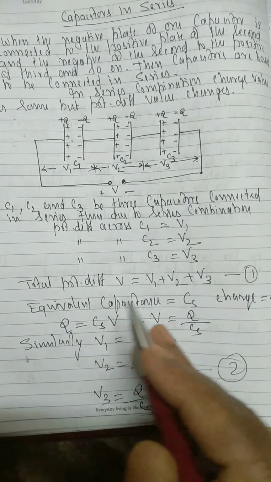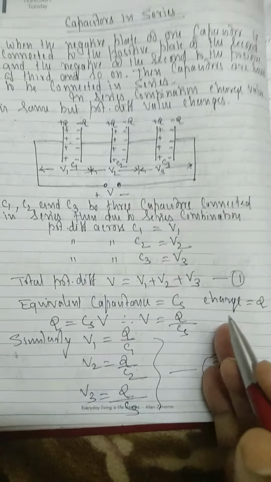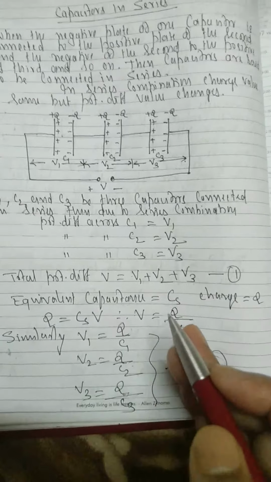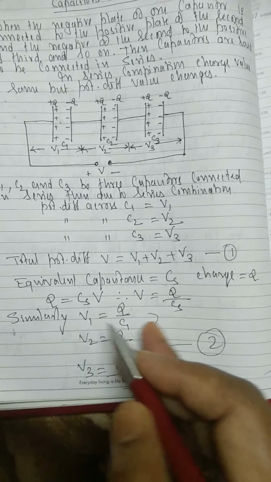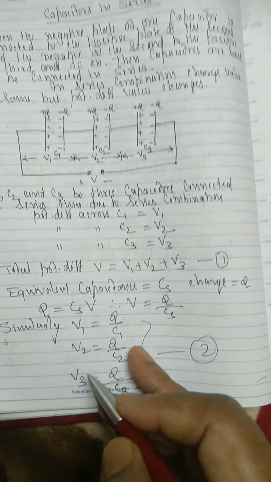Equivalent capacitance is represented by Cs and the charge is Q. So Q equal to Cs into V, so V equal to Q by Cs. Similarly, V1 equal to Q by C1, V2 equal to Q by C2, and V3 equal to Q by C3.